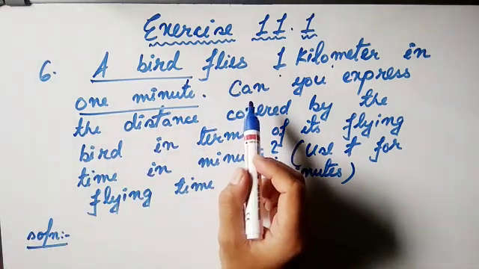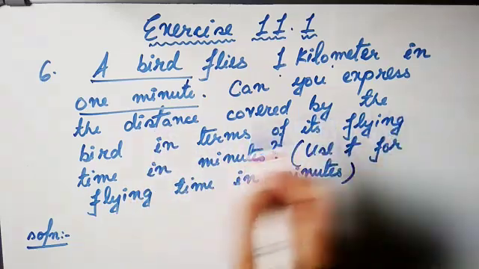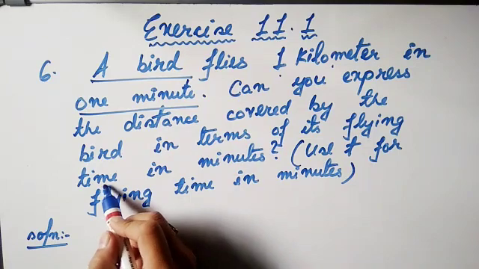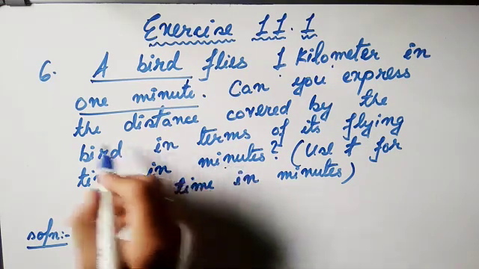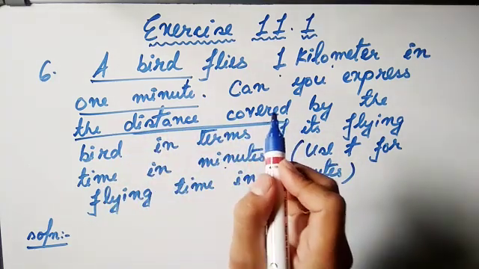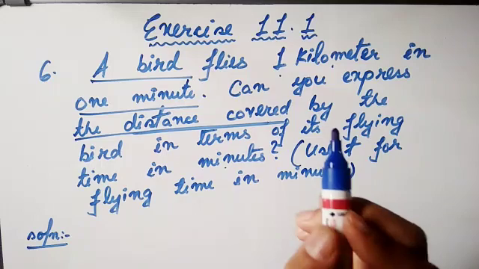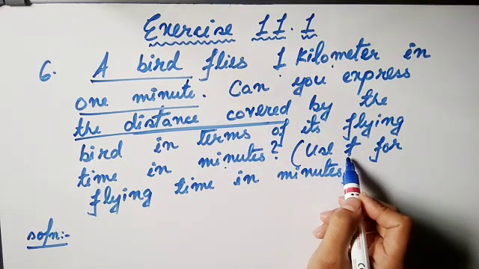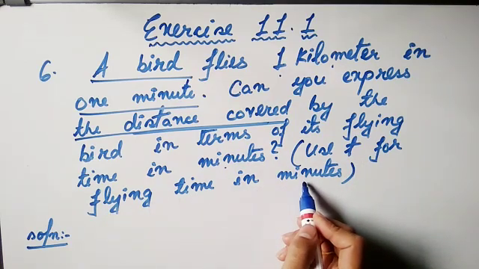Then it further says, can you express the distance covered by the bird in terms of its flying time in minutes. So the question is asking us to find the distance covered by the bird. Understood? This total distance covered by the bird. And they further ask us to use t, the variable t, for flying time in minutes.